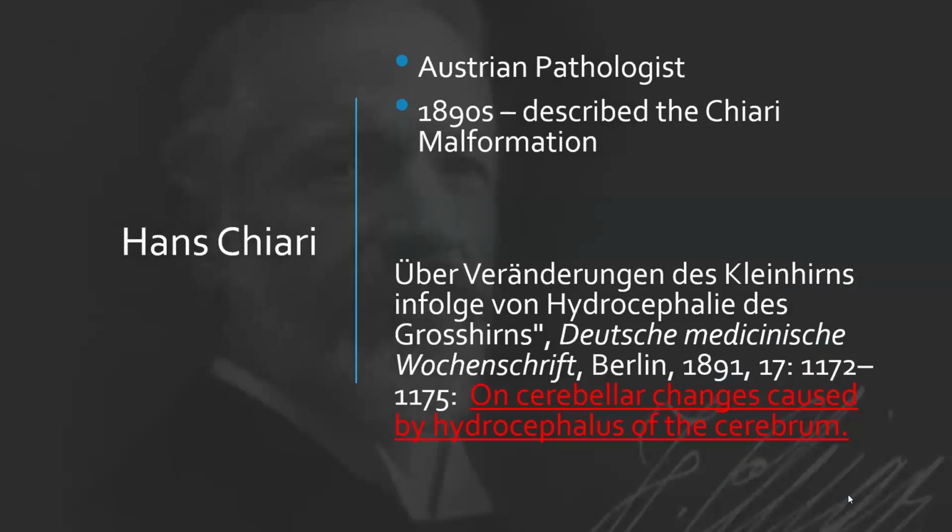And I know Dr. Limbrick mentioned Hans Chiari, who first described the Chiari malformation in the 1890s. And really, the description of hydrocephalus and Chiari were first mentioned by him. If you look at one of his first publications in 1891, it actually translates to cerebellar changes caused by hydrocephalus of the cerebrum.